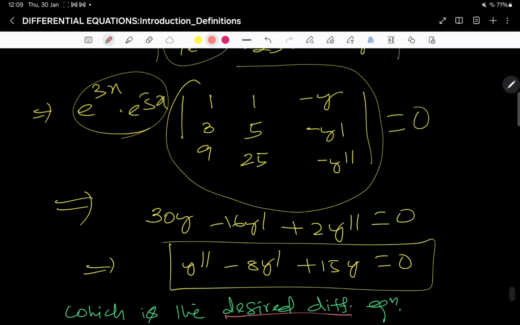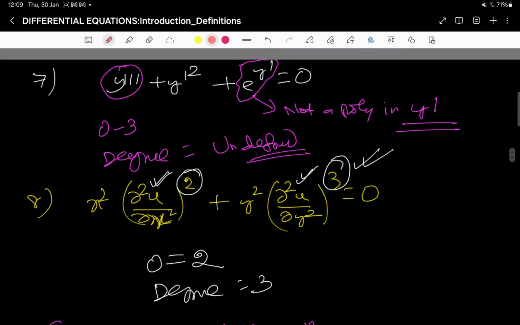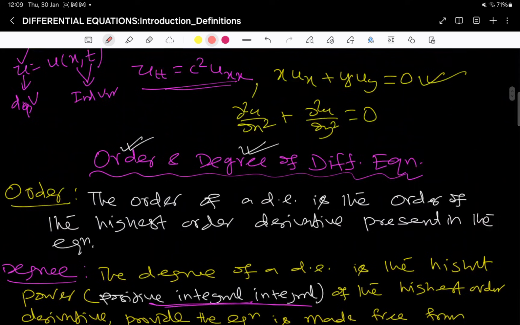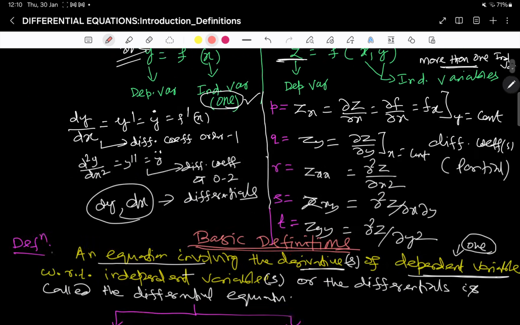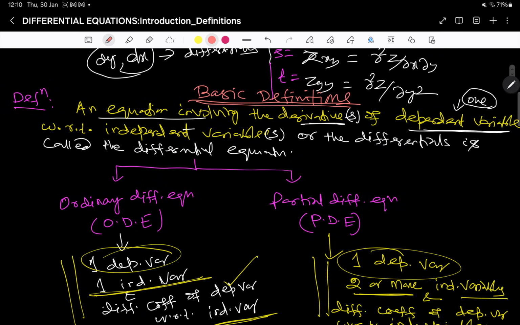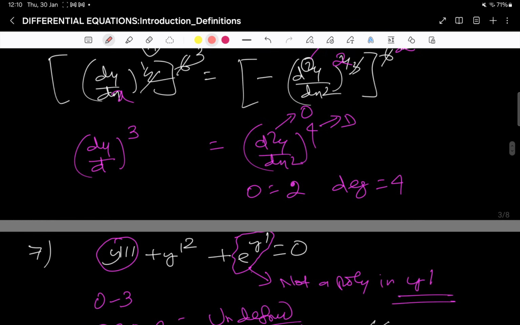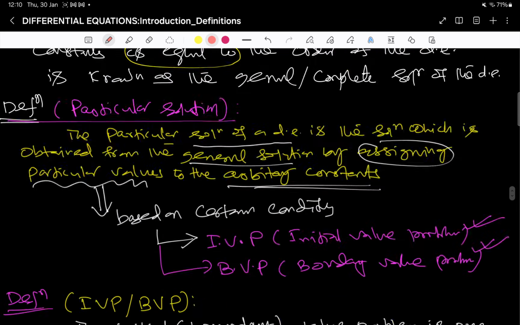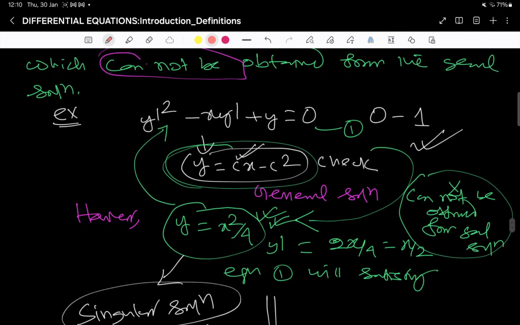Now to summarize, in this lecture we have discussed, first, the background of this lecture and the justification to learn differential equations, what I call the introduction. Then the basic definitions: what is the solution of a differential equation, the general solution, the particular solution, what is ODE, what is PDE, and so on, and finally the singular solution, the initial value problem and the boundary value problem.